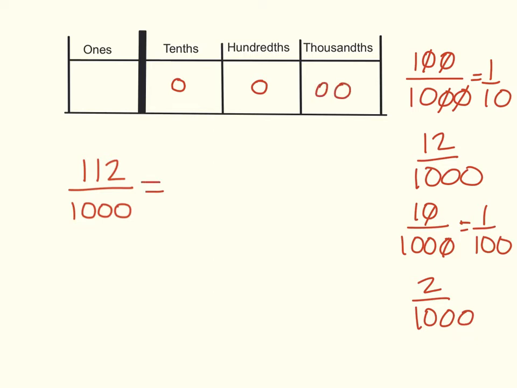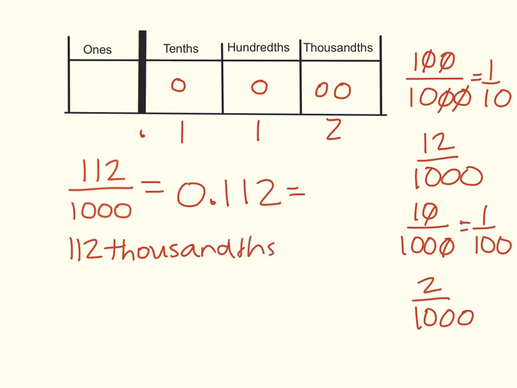So as a decimal, that's 0.112. In number and word form, that's 112 thousandths.